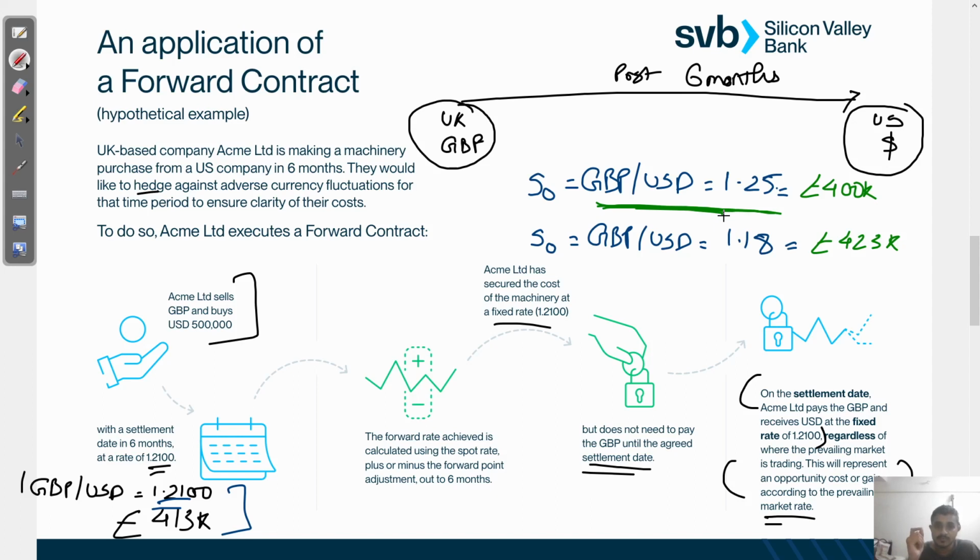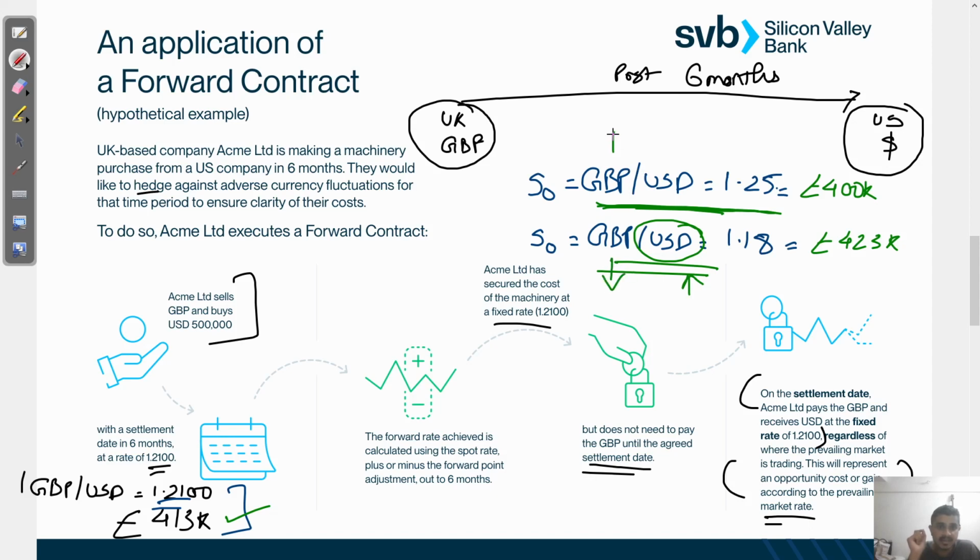So this would have been a better option for Acme, because Acme is basically paying 13,000 pounds more in the forward contract. But had the currency depreciated, so that 1 GBP buys only 1.18 USD, that means USD has appreciated and GBP has depreciated.